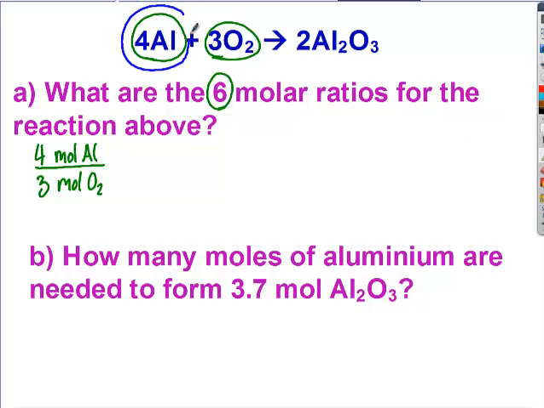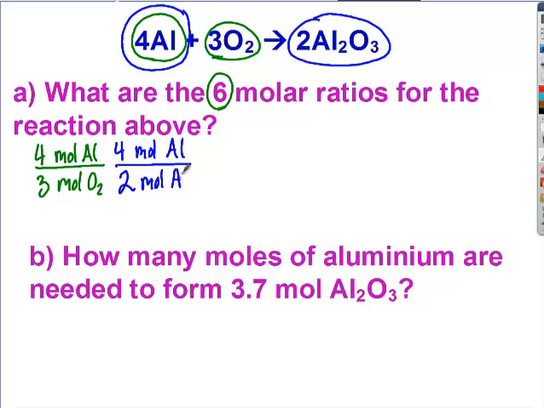Let's do Al and Al2O3. So I have 4 moles of Al, and I have 2 moles of Al2O3. Okay.